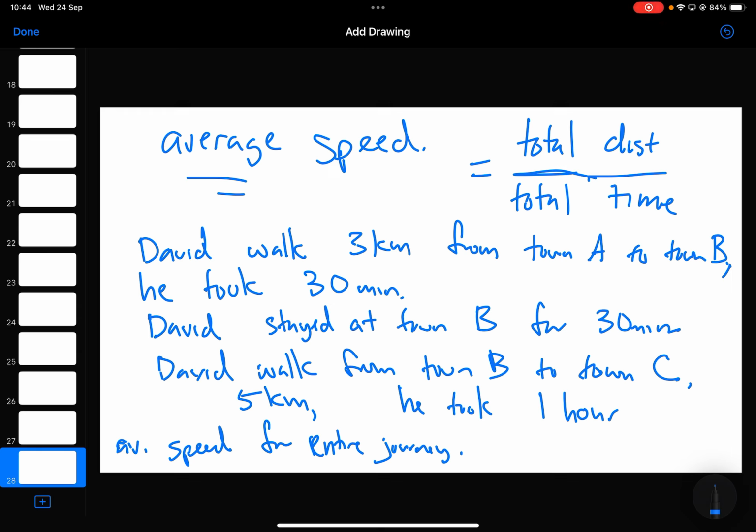Okay, think. What are the things you need? Actually, you are given everything already. Am I able to find the average speed for his whole journey?